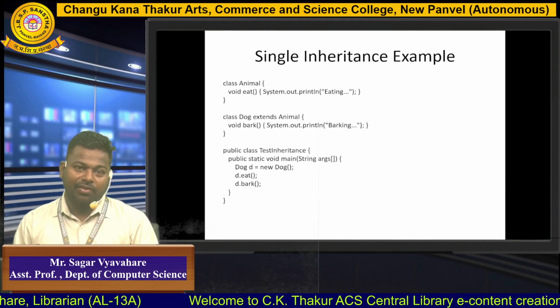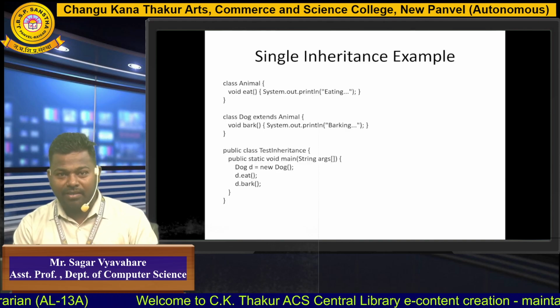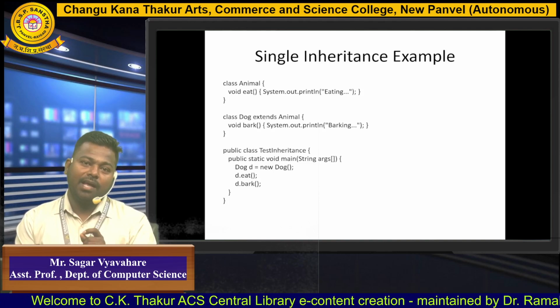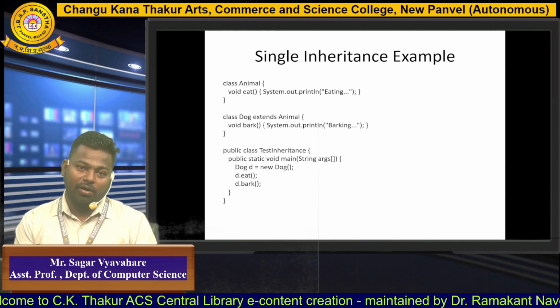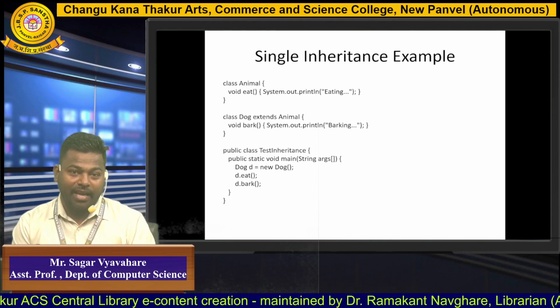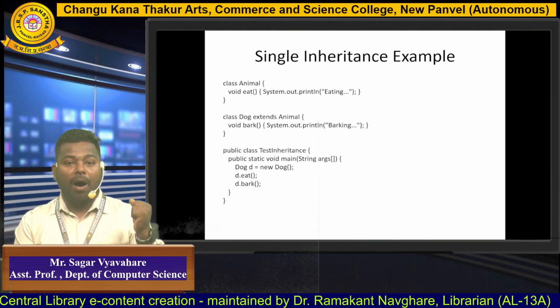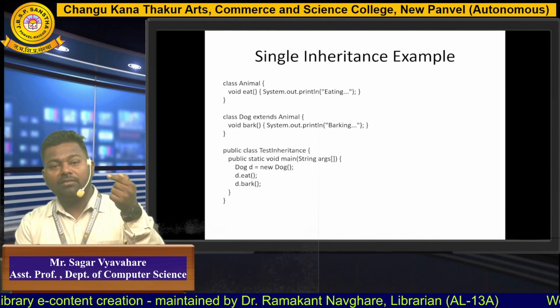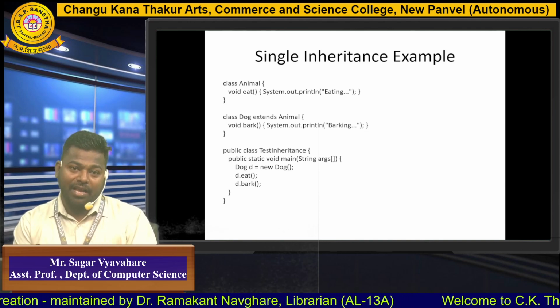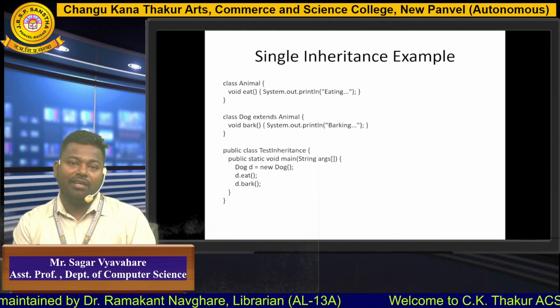Let's start with the single inheritance example. Here you can see there is a class Animal and a class Dog. Dog is extending Animal, so Dog has the power to use whatever methods are in the Animal class. Dog need not create that method again because it is already created in Animal.